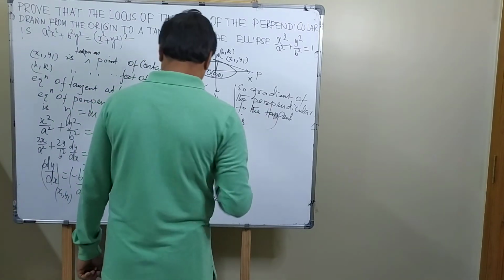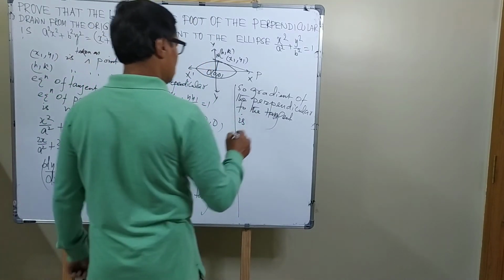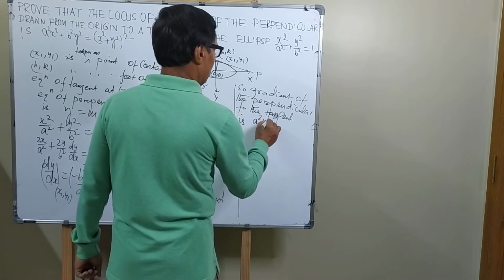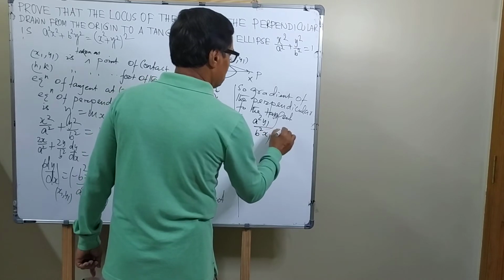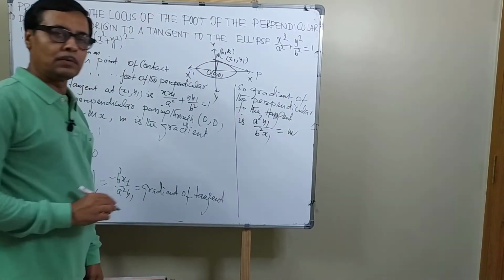So the negative reciprocal is a square y1 over b square x1. This is equal to m.